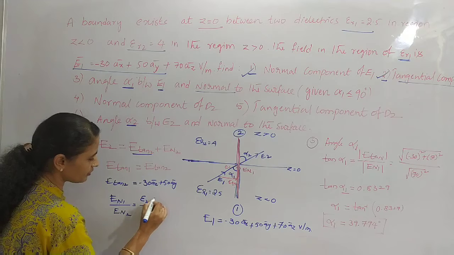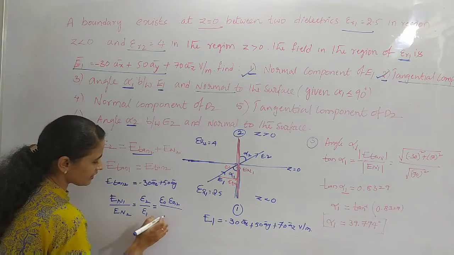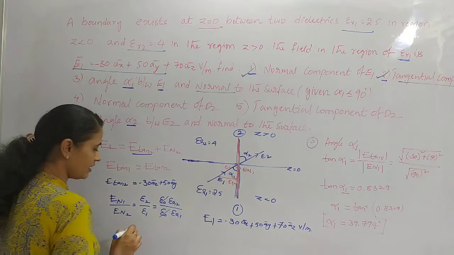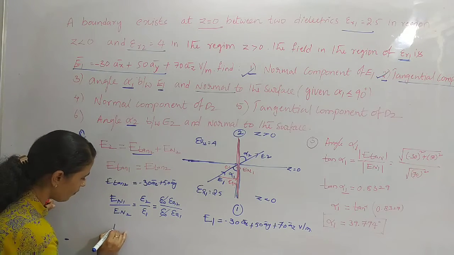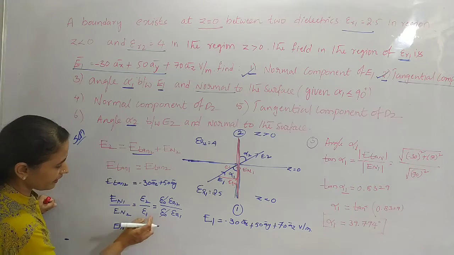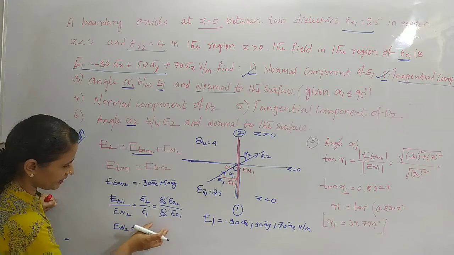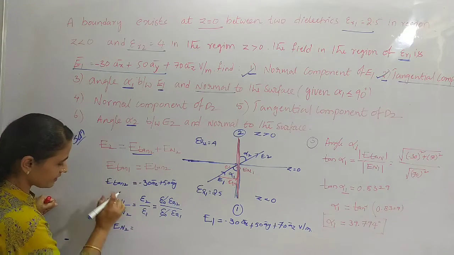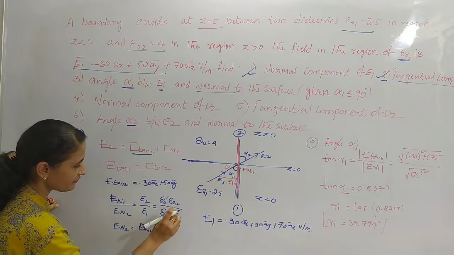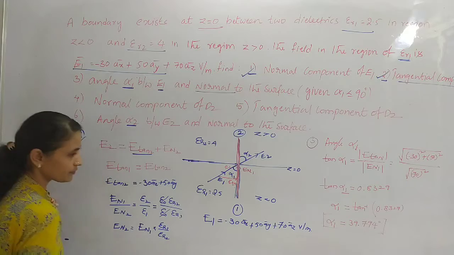In general, epsilon 2 can be written as epsilon naught into epsilon r2, and epsilon 1 as epsilon naught into epsilon r1. So these two get cancelled. The normal component in the second medium, taking this fraction to this side, is En1 into epsilon r1 by epsilon r2.